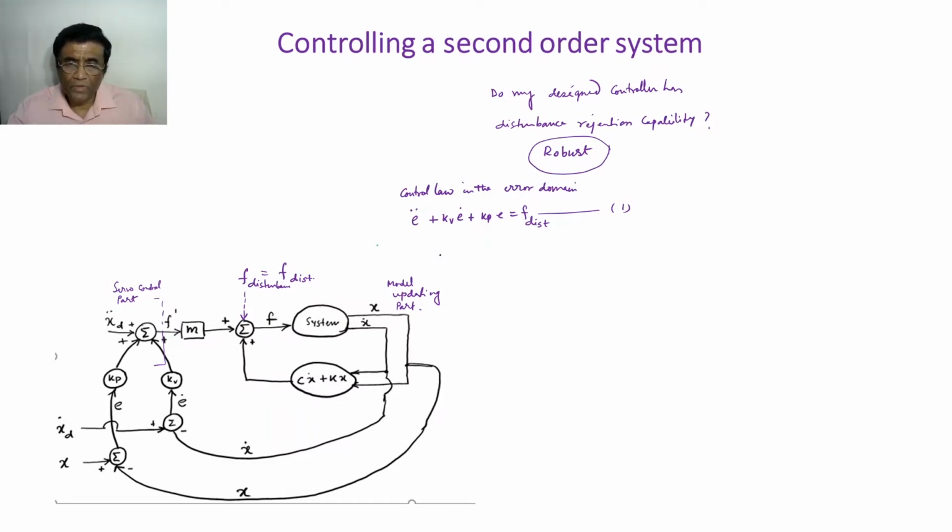Now let us assume this disturbance is bounded. Means disturbance cannot be unbounded, very high, all kinds of things. So the definition is that over time the maximum disturbance must be less than some value, say alpha.